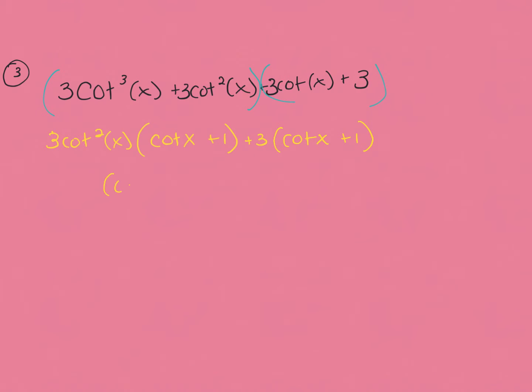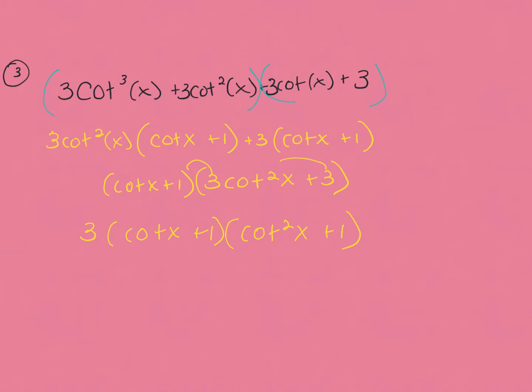So then the cotangent x plus 1 comes out, and then 3 cotangent squared x plus 3 would go next to it. I can actually take this 3 out, so it'd be 3, and then it'd be cotangent x plus 1, and cotangent squared x plus 1.